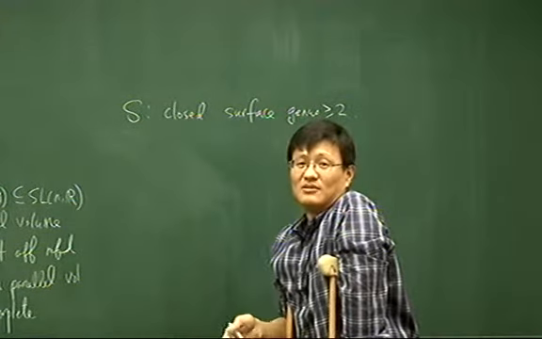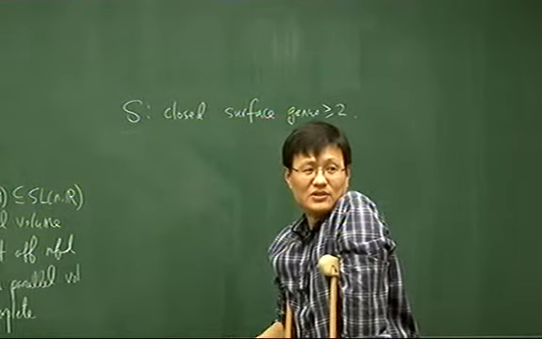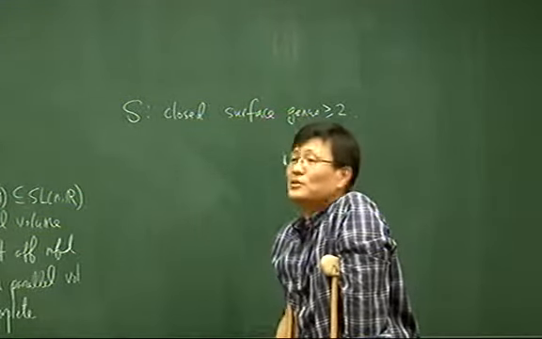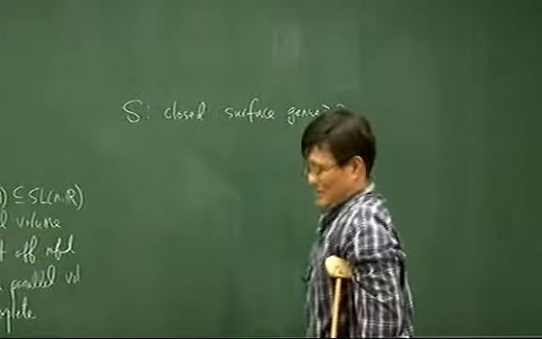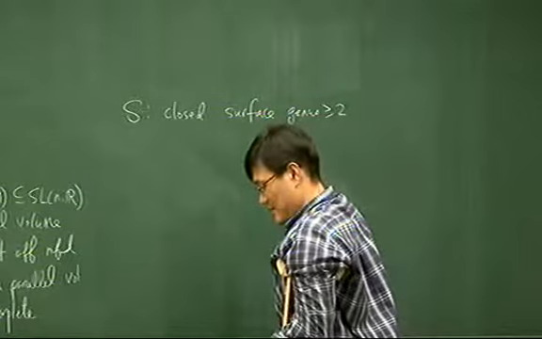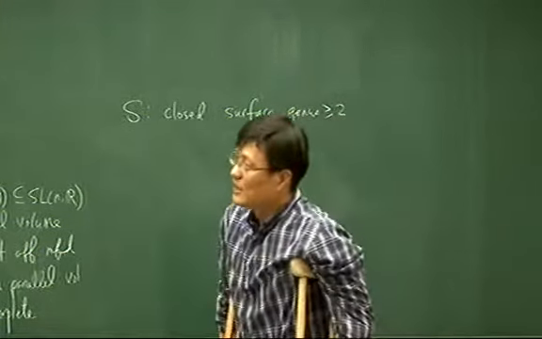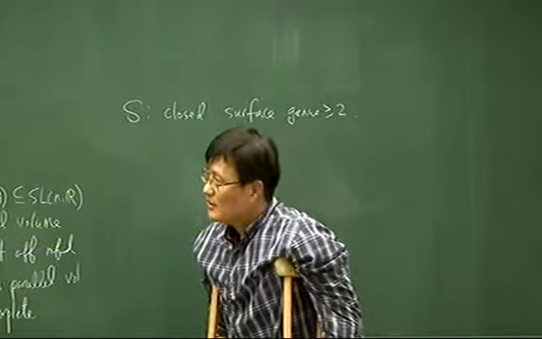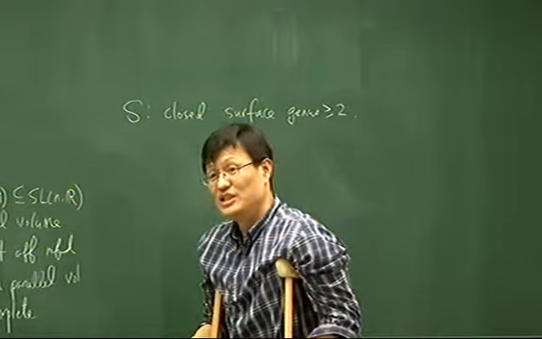If genus is greater than or equal to 2, then the complex structure is always biholomorphic to the unit disk, so it has a hyperbolic metric. But there's no reason this geometric structure is unique.